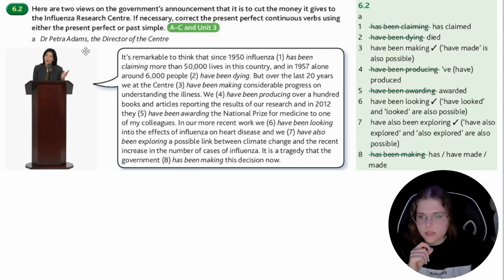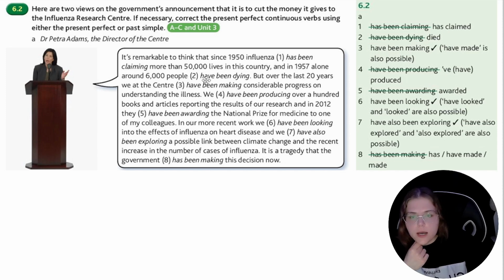Dr. Petra Adams, the director of the center. It's remarkable to think that since 1950, influenza has claimed, not has been claiming, more than 50,000 lives in this country, and in 1957 alone around 6,000 people died, instead of have been dying.